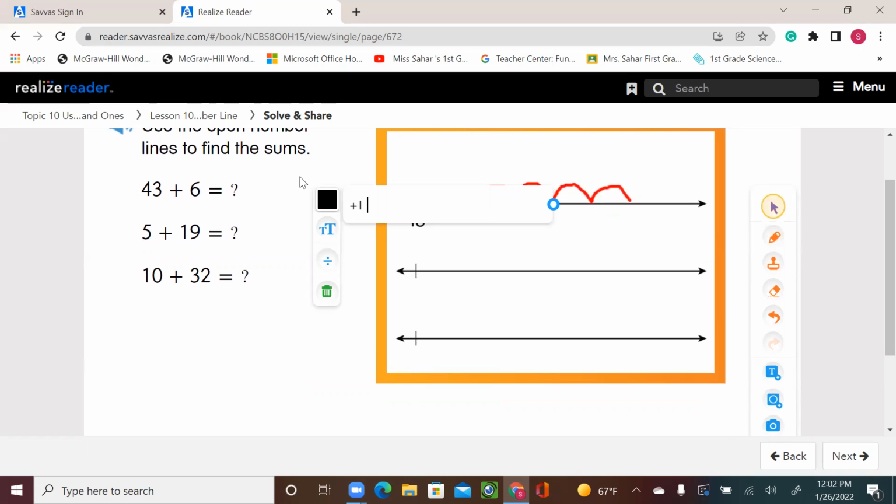Each jump is worth 1 number. Okay, let's put this up here.